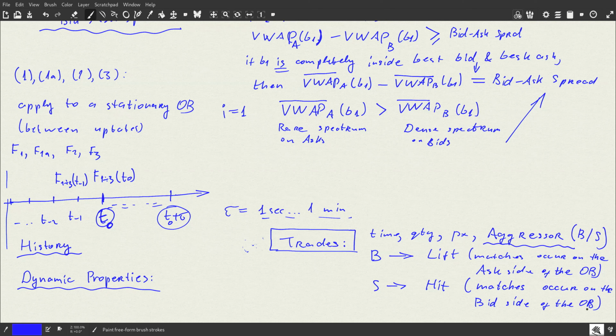What does it mean from the price dynamics point of view, typically? That the price would go up. Yes, this would mean that the price would go up, and the other way around.